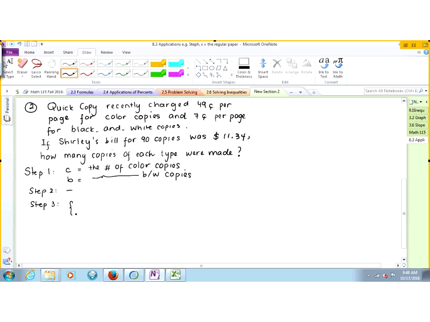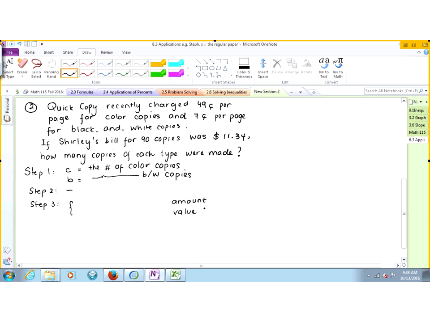Step 3, the equation. So this is where I'm going to wait for you. So I need how many equations here? 2. And 1 will relate to the amount or the number. And what about the other one? Will relate to the value. Yes.